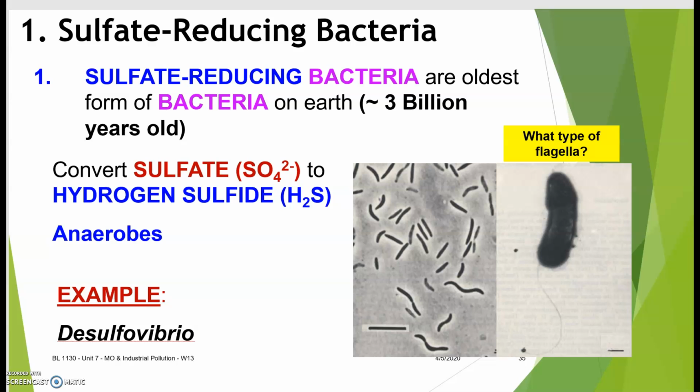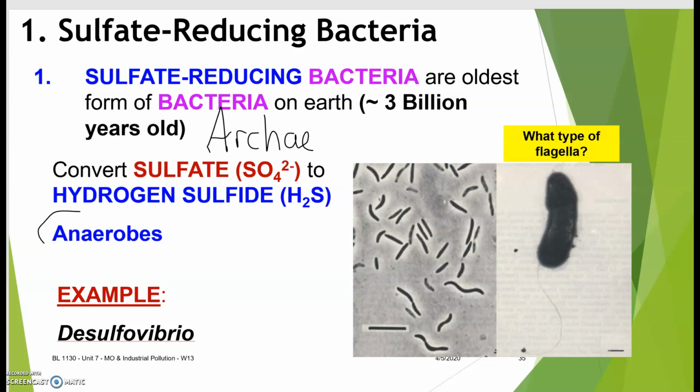Alright, so let's have a look at our first group of organisms, and these are the sulfate-reducing bacteria. Now, these are amongst the oldest forms of bacteria on the planet, so these are going to be found in that group we talked about earlier, the archaea. So these are going to be around 3 billion years old.